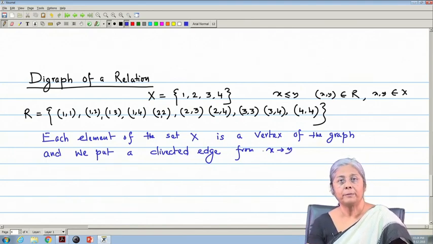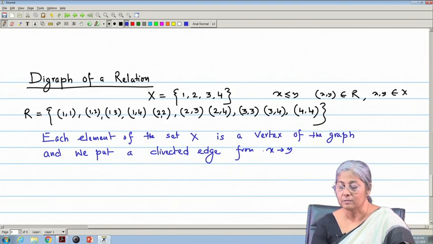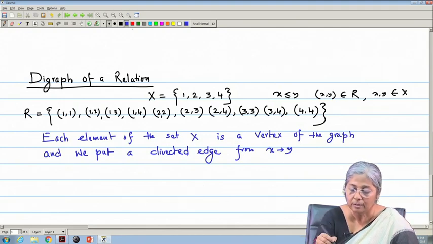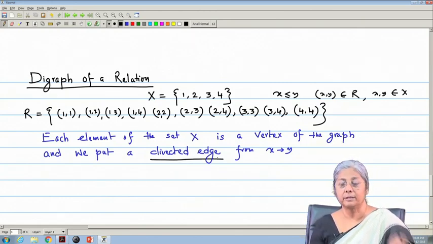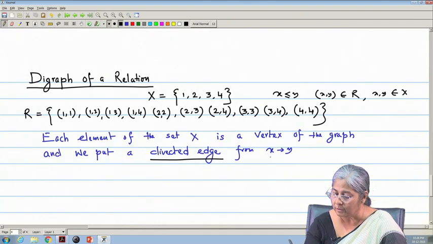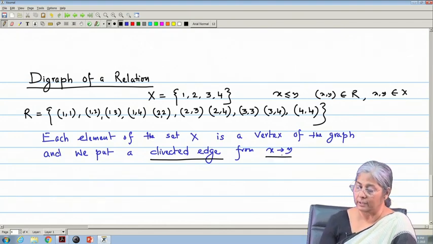That means, for every pair that exists, we give a directed edge. And why is it a directed edge? Because it is an ordered pair, because the relation is defined as ordered pairs. So, we give an edge.